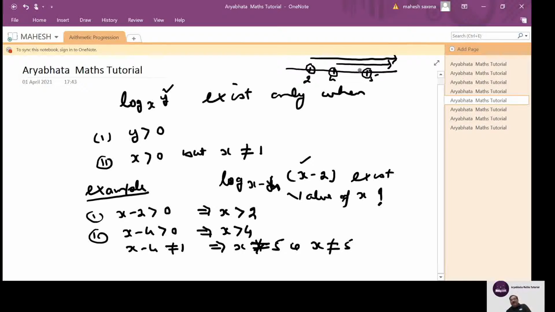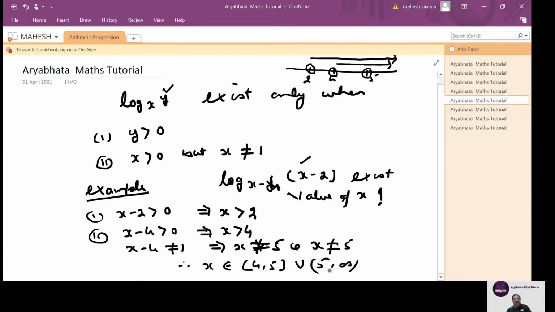If we take the common solution of x, then the solution is x should be greater than 4, but it should not be 5. Therefore, we can write that x belongs to, neither 4 is included, and 5 cannot be taken, x belongs to (4, 5) union (5, infinity).